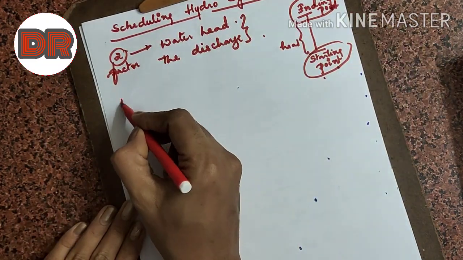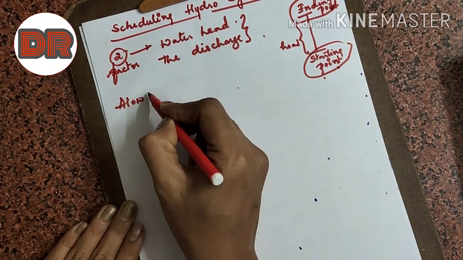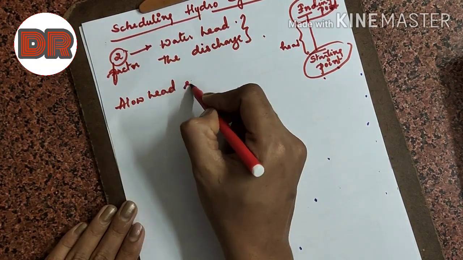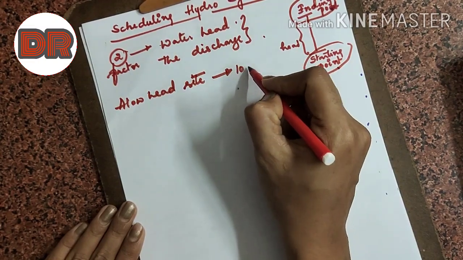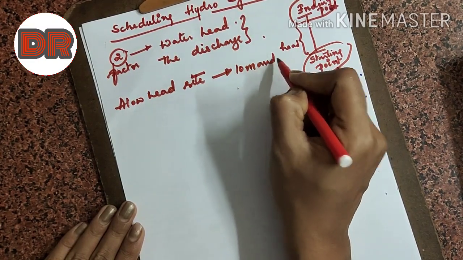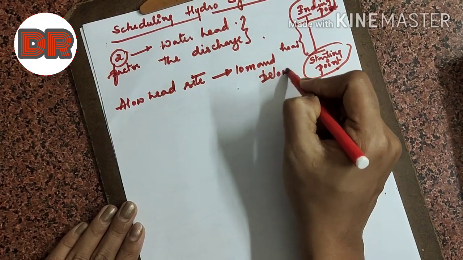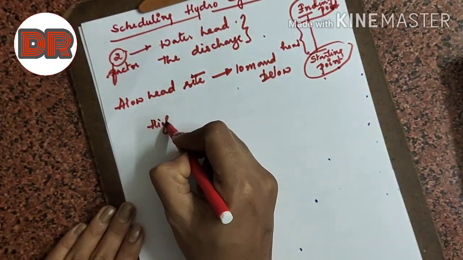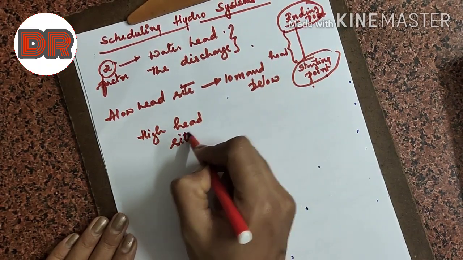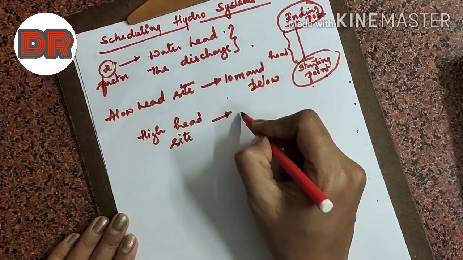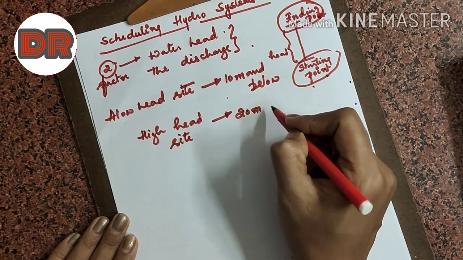Normally a low head site has a head of around 10 meters and below, and a high head site has a head of 20 meters and above.